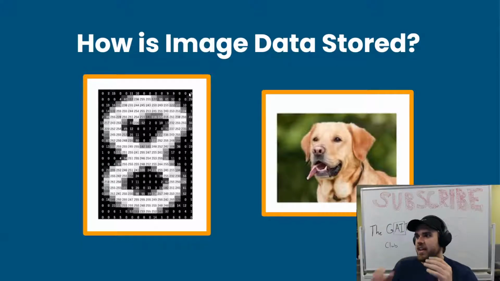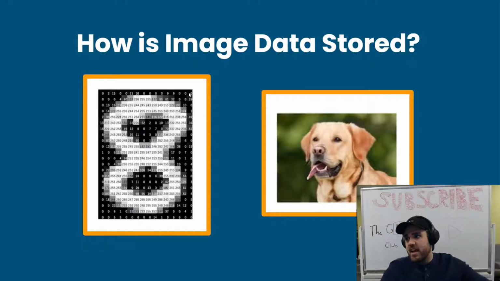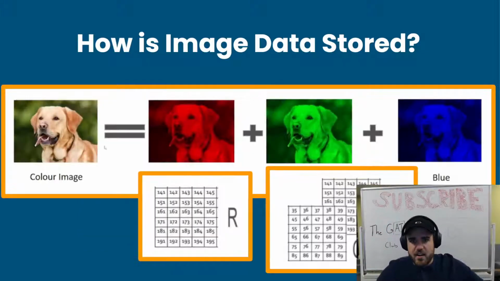Same as when your eye senses something, it inputs a bunch of data, and it has a number for each individual part. This dog image here is just made up of red, green, and blue channels, so there are 3 different channels, 3 different numbers.